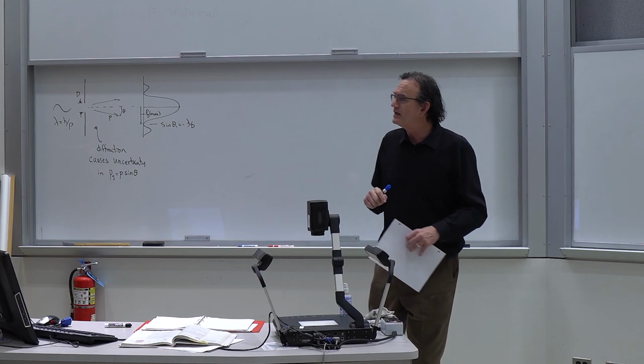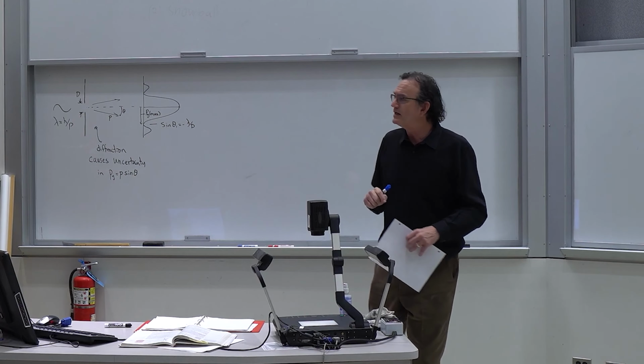This is all from the classical theory that we did back in chapter 2, or chapter 35, I'm sorry. So sine theta 1 is lambda over d. What is p equal to? P is equal to h over lambda. So p sine theta 1, the maximum value I get for sine theta 1, is therefore the maximum of p sub y.